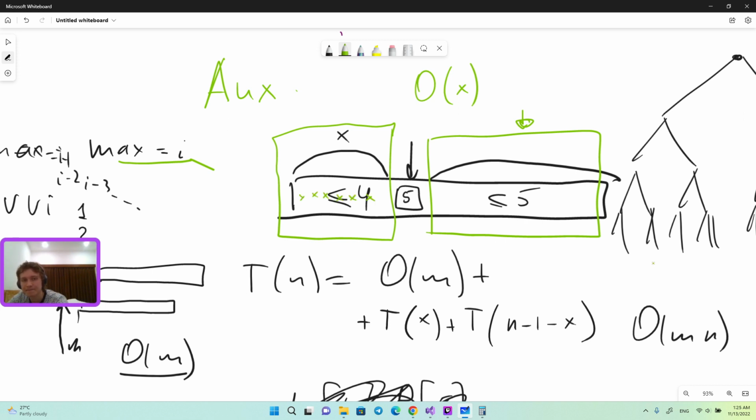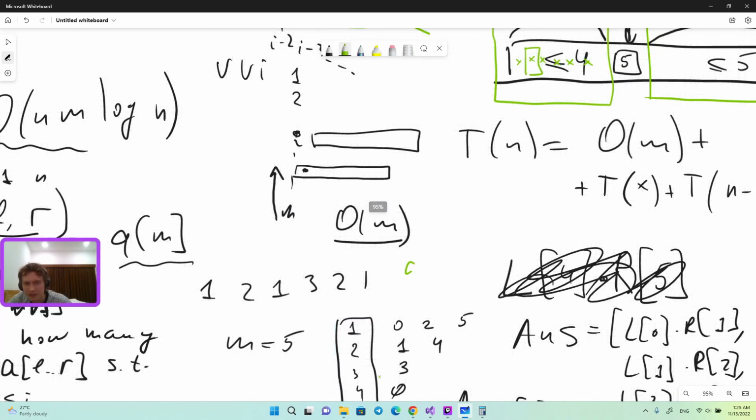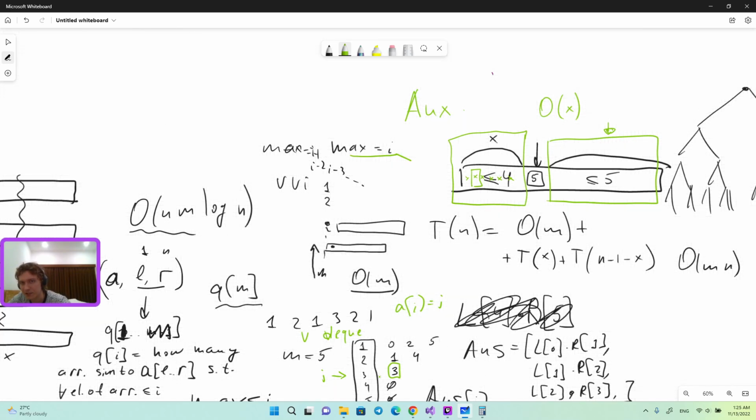For example, we see element number i, so we need to remove this element number i. For example, A[i] equals j. Then we take the jth element of this auxiliary array and pop front from it. And to use pop front, this is actually not a vector of vectors, but a vector of deques, and you just pop front. And actually, if the x were the bigger one, then you would pop back, not pop front, from this array.